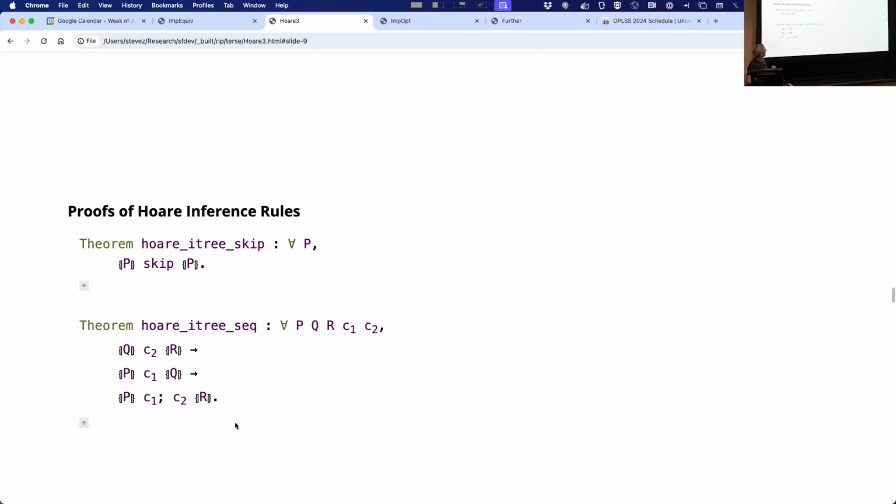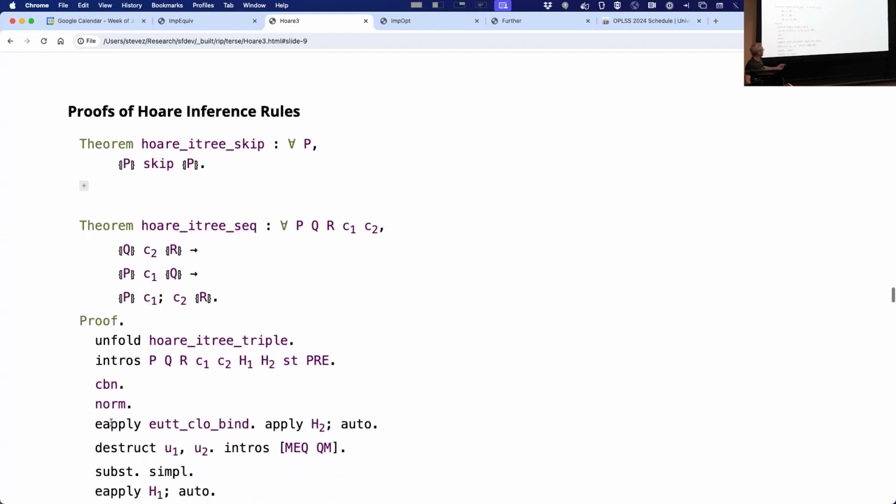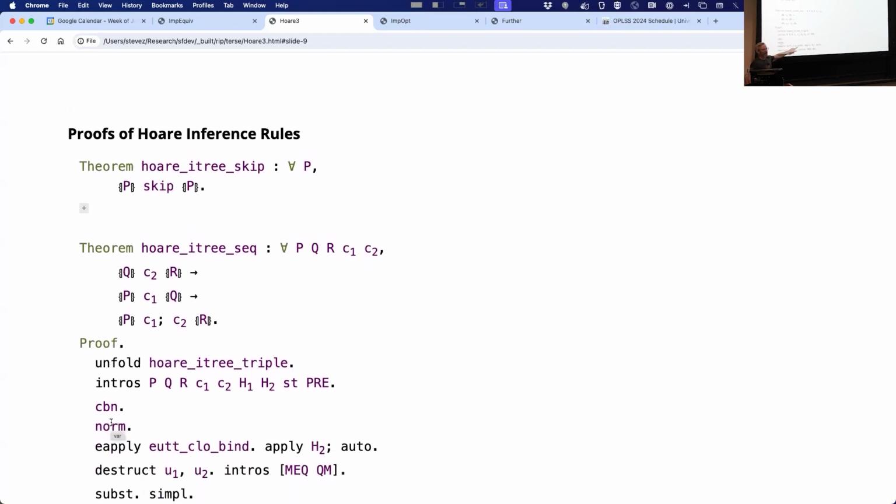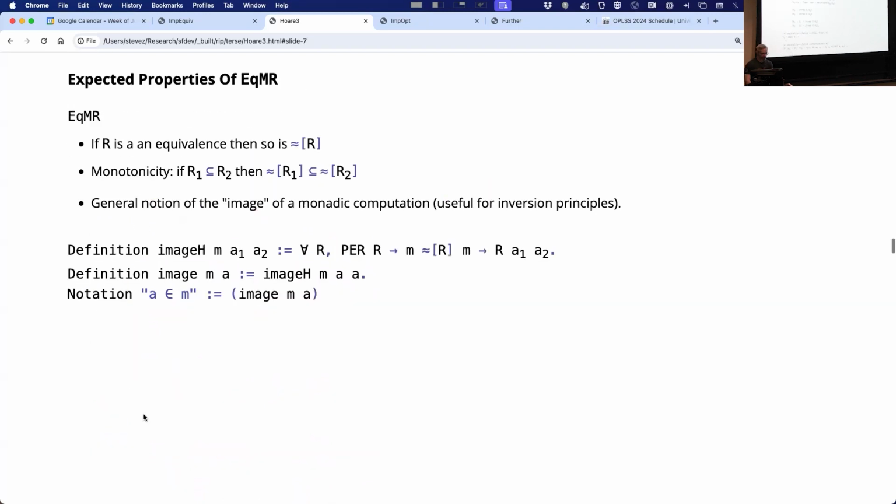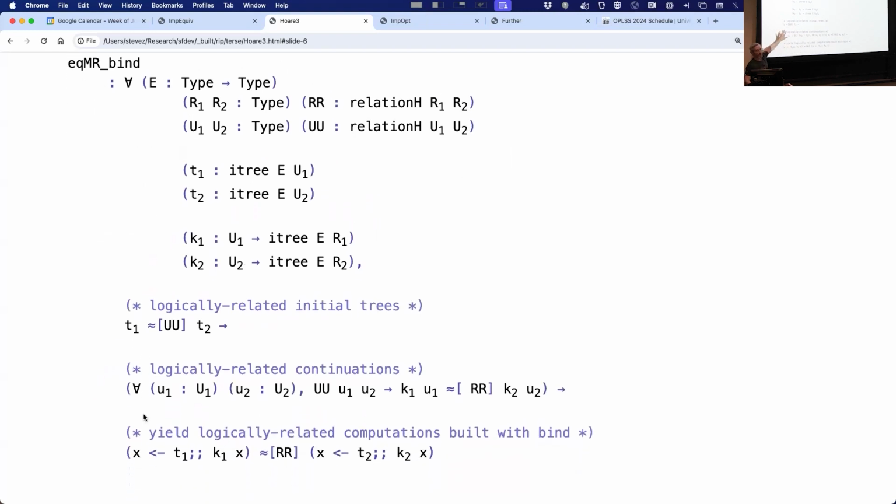So here is the sequencing rule for imp. You can read these as the premises of the inference rule, and this is the conclusion. And you'll notice that it's the classic: if you can find a postcondition Q of C1, so that if you start from precondition P and run C1, you end up in Q, and from Q you can get to R via C2, well then you can sequentially compose them to get from P to R. Again, this actually just follows from EUTT-CLO-bind, which, not a great name for various historical reasons, is the name of the lemma in the iTrees library that corresponds to this logical relation.